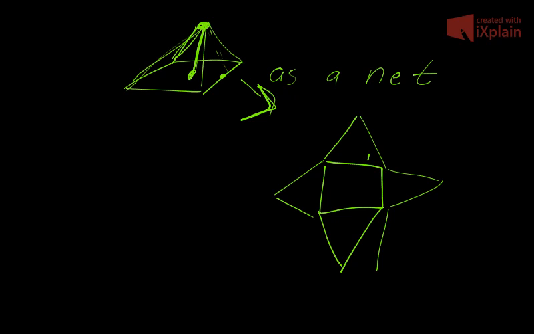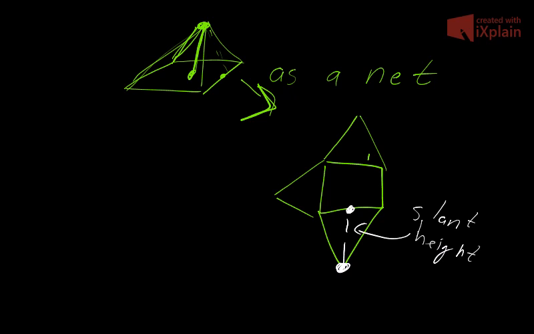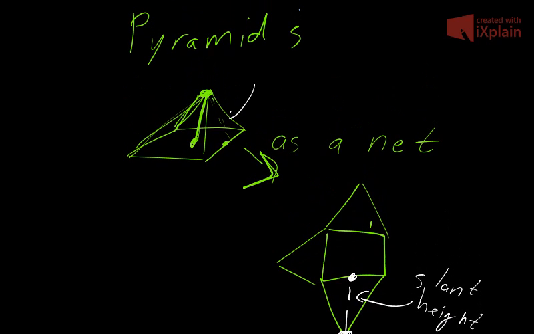Right there, okay. So my slant height would be the distance from the top of my pyramid, which is going to be right here, down to the base, which would be right here. So that right there would be the slant height, which is also this distance right here.